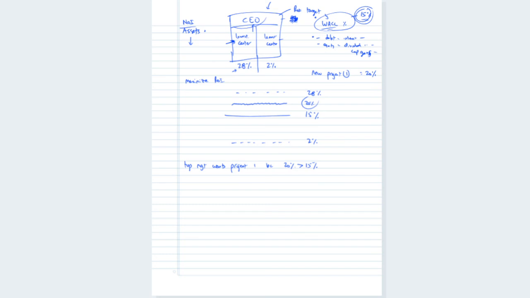But you're sitting here at 28%. Do you want to take capital and invest it and earn a 20% return? Turns out you're not going to want to do that. Why? Well, because 20% is lower. The 28% manager won't invest in project one because 20% is lower than 28%.